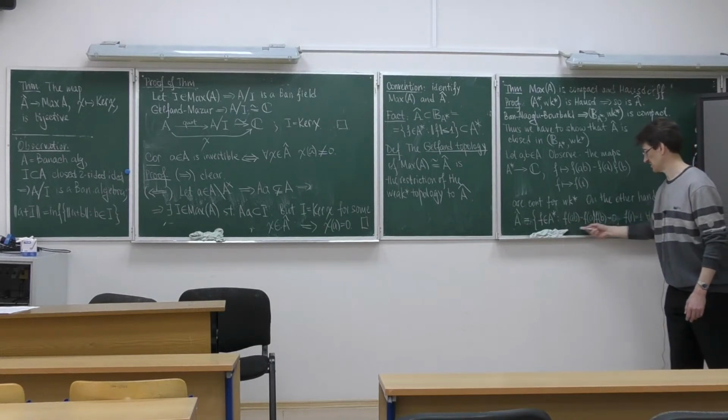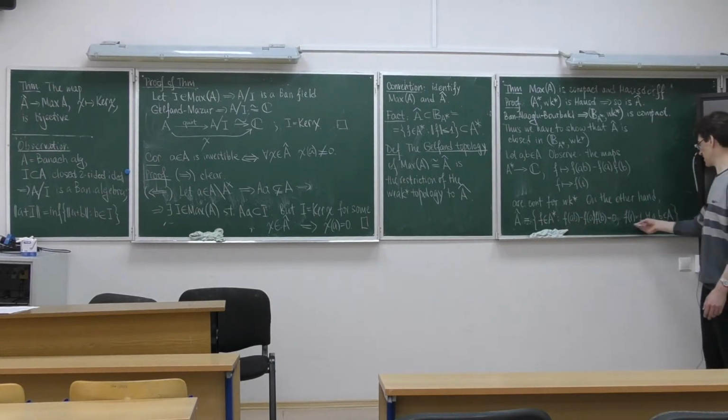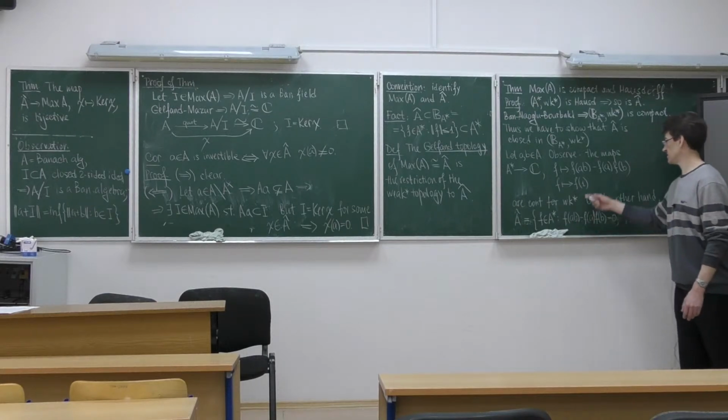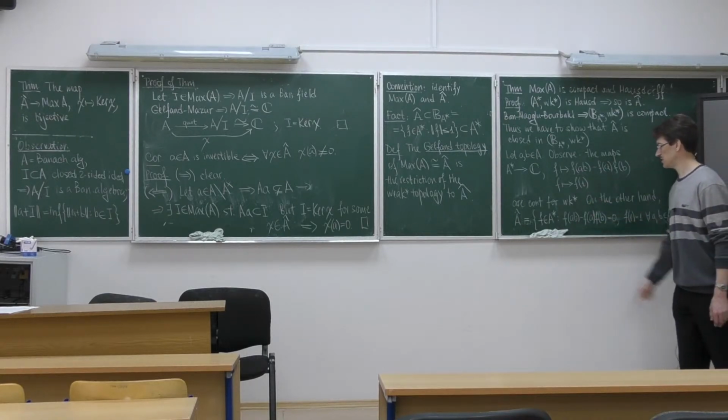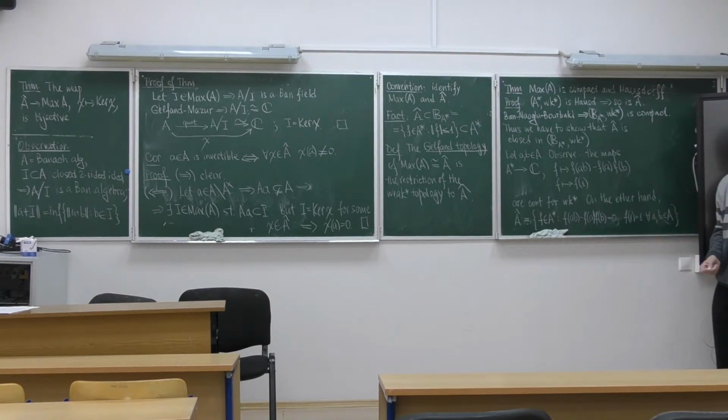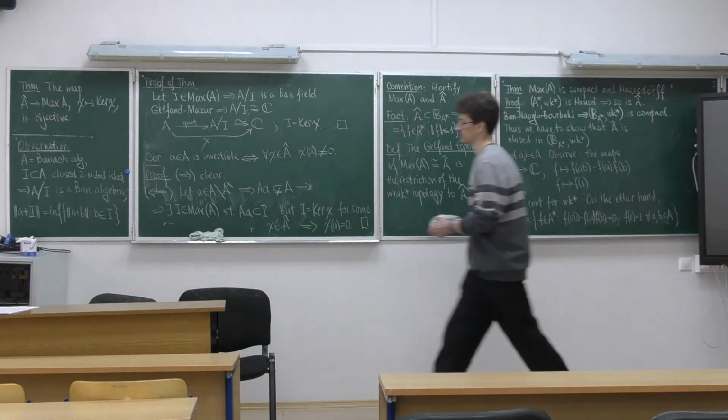This condition means that f is an algebra homomorphism, and this means that f is unital. But now, since these two maps are continuous, it's immediate from this equality that A hat is closed.